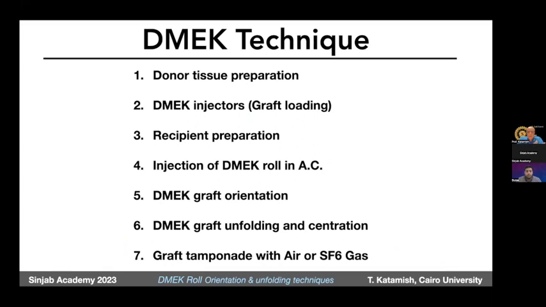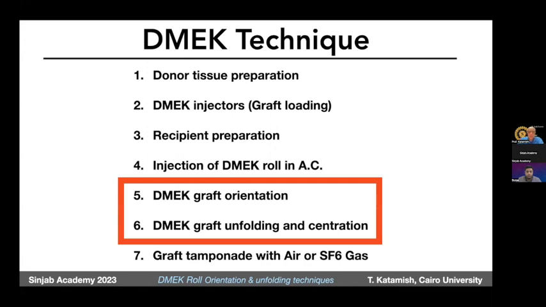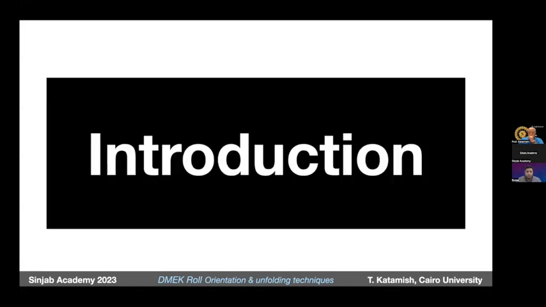Then we have to make proper orientation before unfolding, and then we do the unfolding and centration techniques. And lastly, we make the graft tamponade with air or SF6. So my talk today will concentrate on the DMEK graft orientation and the DMEK graft unfolding and centration techniques.